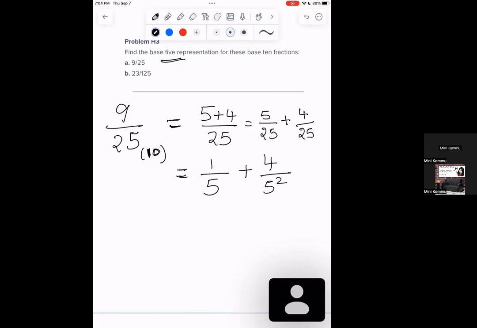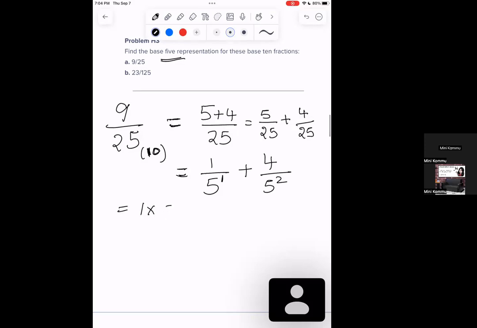Got it? Now you can easily see, right? What I have over here is 1/5 to the power of 1 and 4/5 squared. Can I write this as 1 times 5 to the power of -1 plus 4 times 5 to the power of -2?